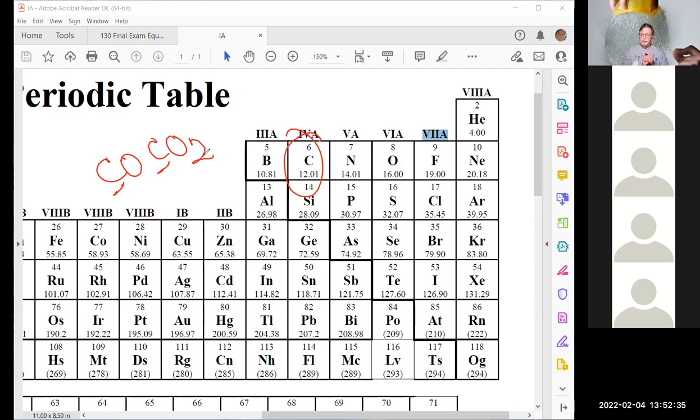Protons define what the element is. We can change and lose neutrons and electrons all day, but we can't change protons without losing the identity.